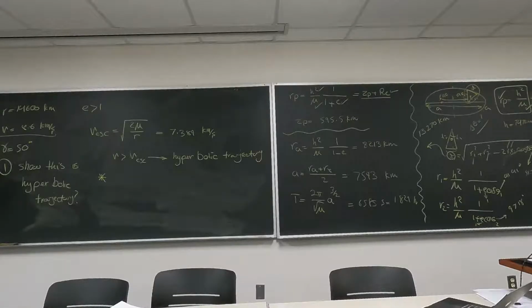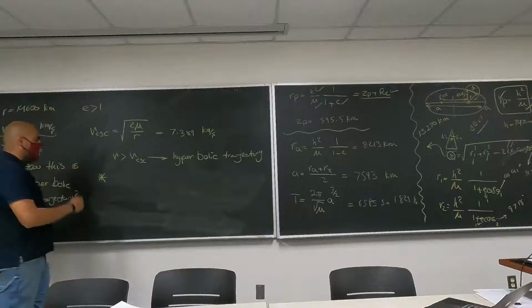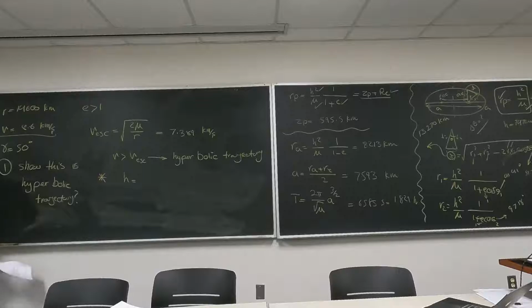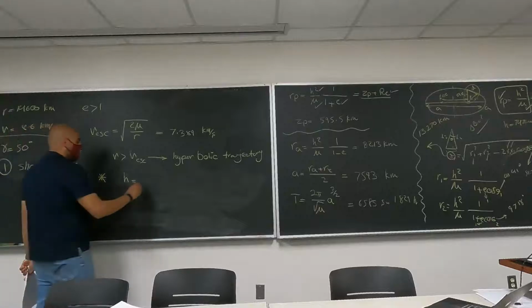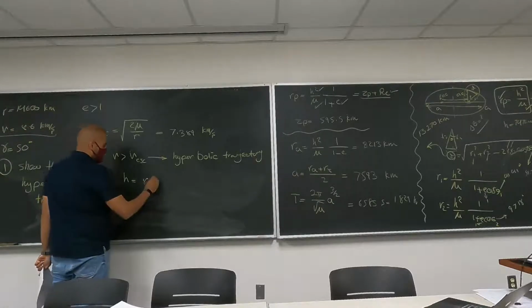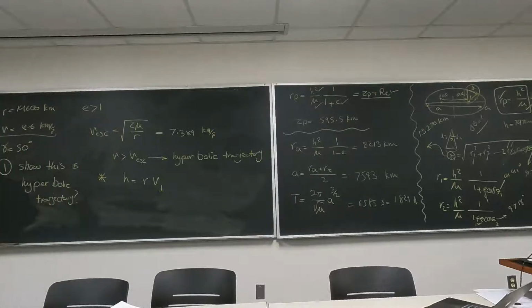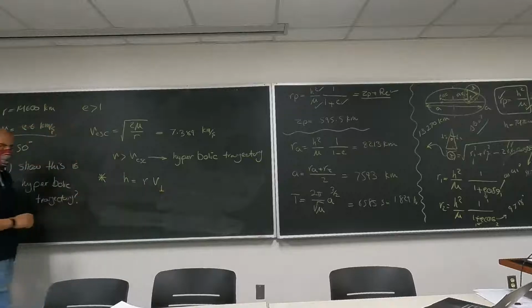We are given the velocity, and we are also given the flight path angle. So how can we find angular momentum as a function of velocity? Not any velocity, but the azimuthal velocity, right? We have to find this azimuthal component of velocity, which we don't have.